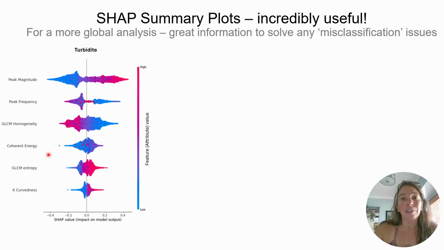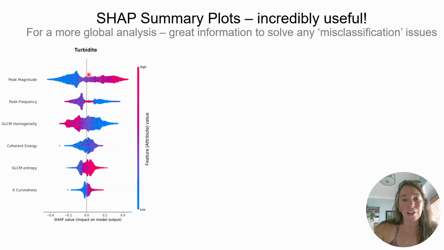But we can also look at the colors in the violin plot, and you can see here that peak magnitude is blue on the left-hand side, pink or red on the right-hand side. The color has to do with that particular feature or attribute value.